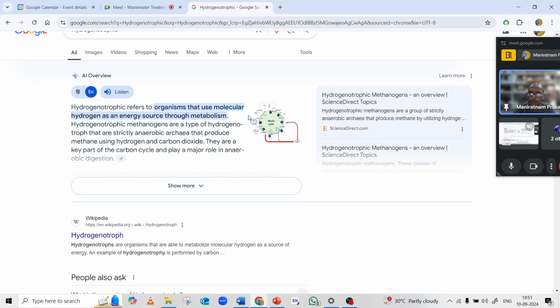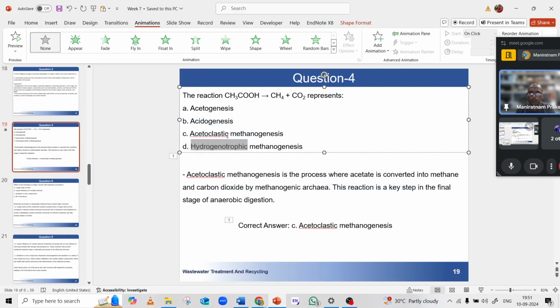So that uses molecular hydrogen as a source of metabolism. I think this is the name of a bacteria. Similarly, this aceto must also be a bacteria, where they are converting acetate into methane.